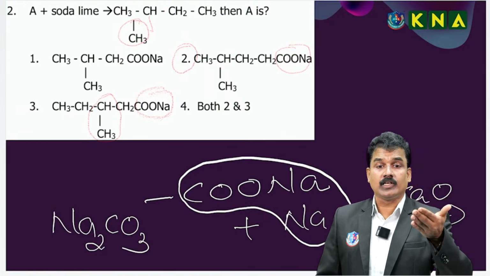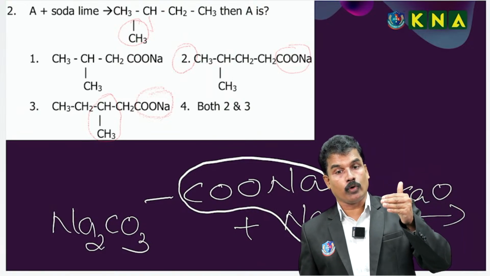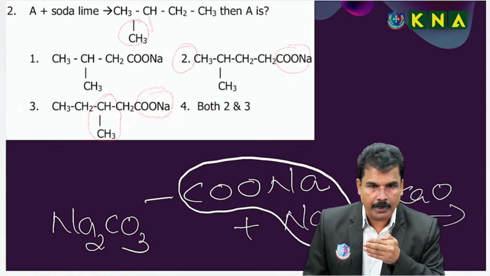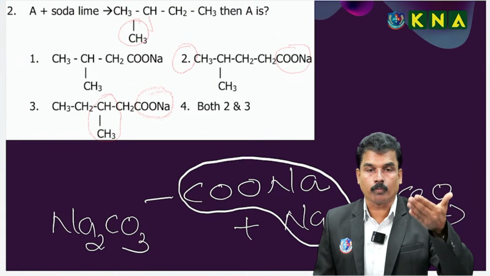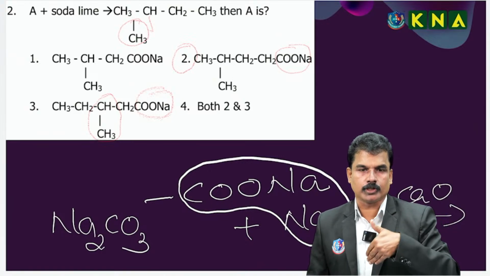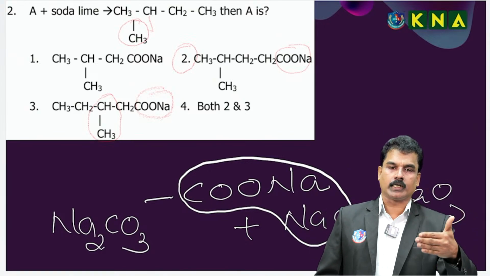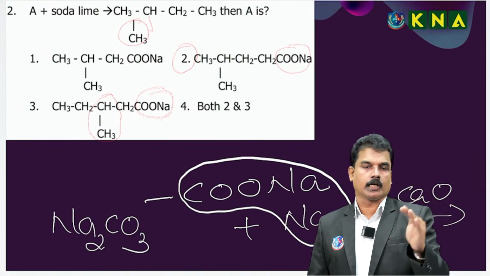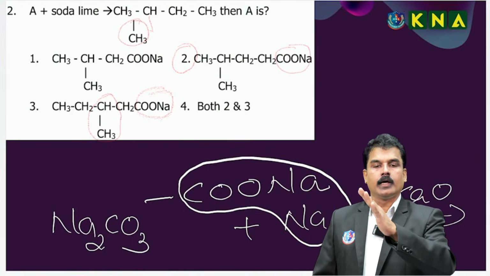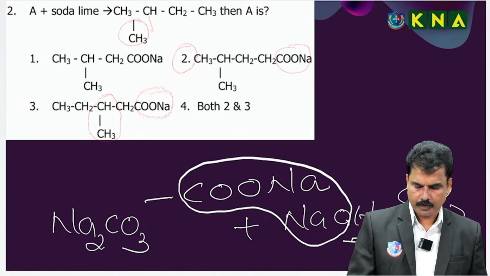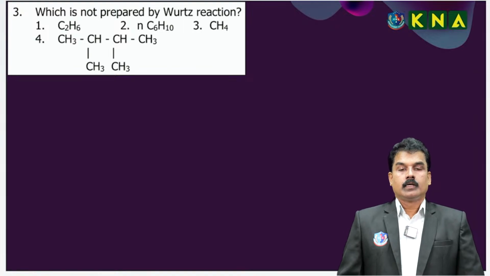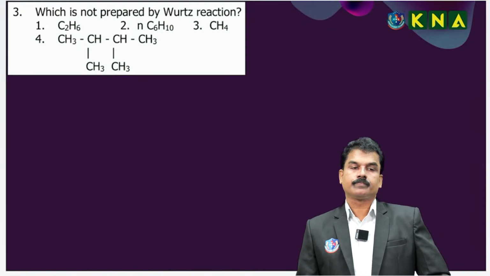You are familiar with salicylic acid, with OH and COOH. We are removing carbon dioxide, remaining phenol. Like that, you can practice more questions related to this. Any carboxylic acid you consider, on decarboxylation carbon dioxide is removed, remaining the hydrocarbon. Is it clear? Shall we move to the next question?